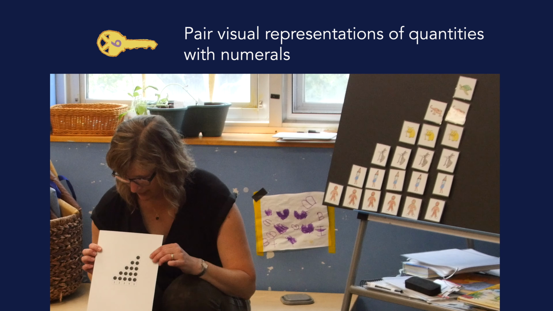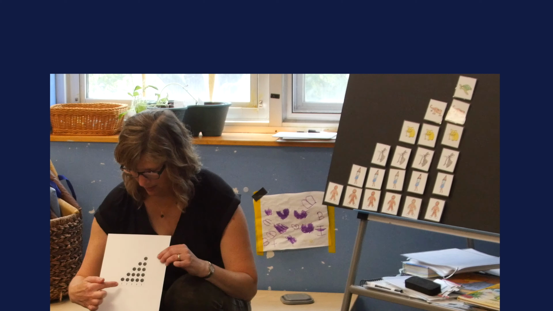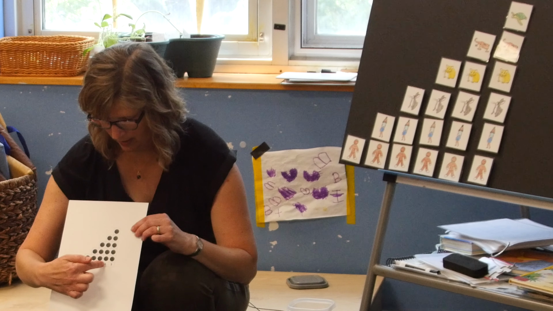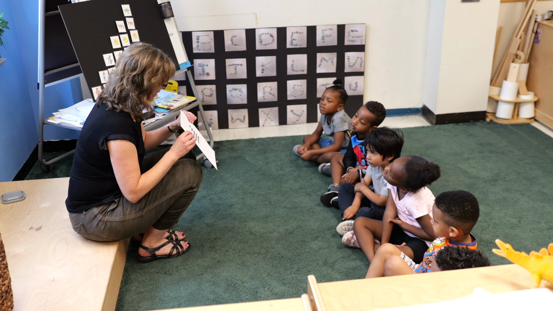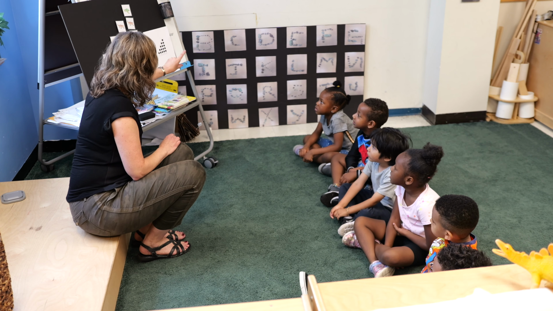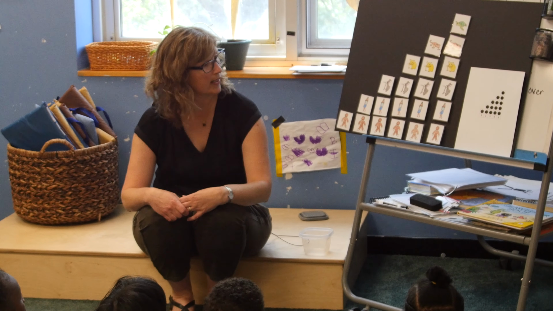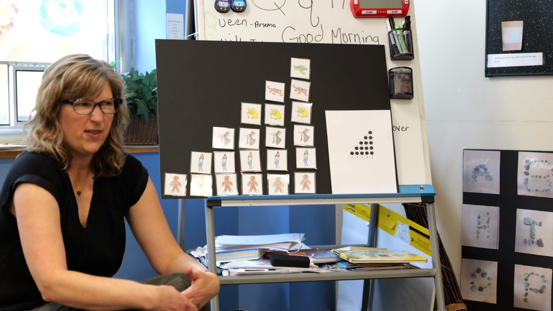This has some numbers on it. So we just have 1, 2, 3, 4, 5. Does this have something in common with our story? Yes. If we look at those 2 together, this and that, what's the same about it?